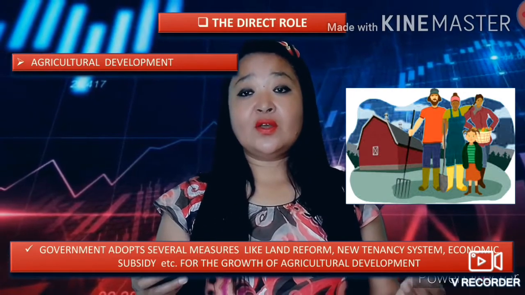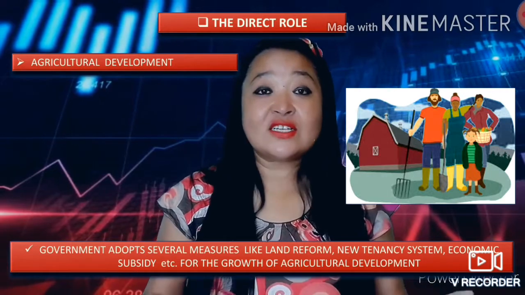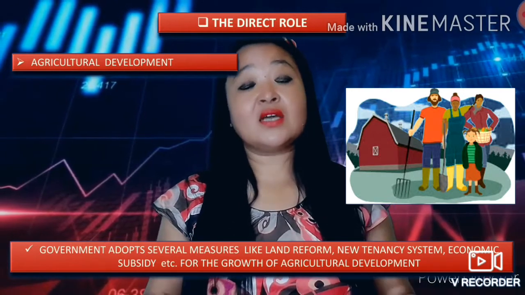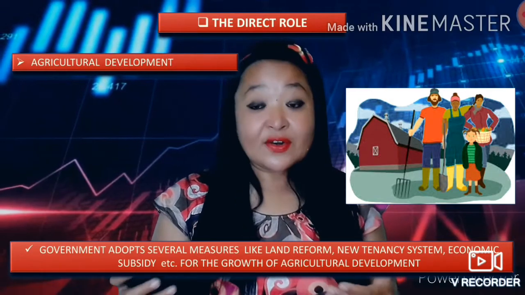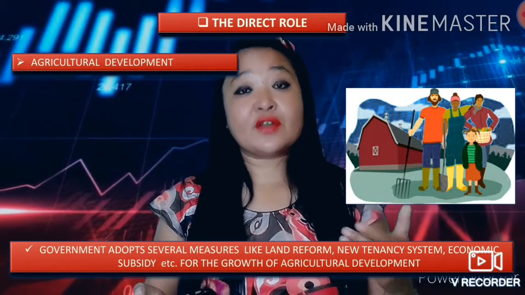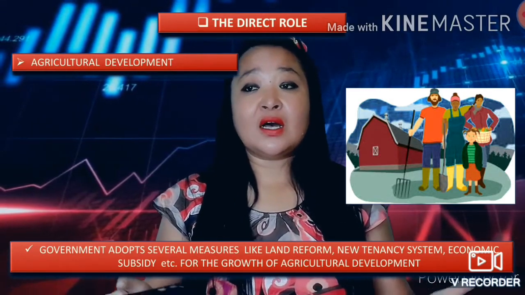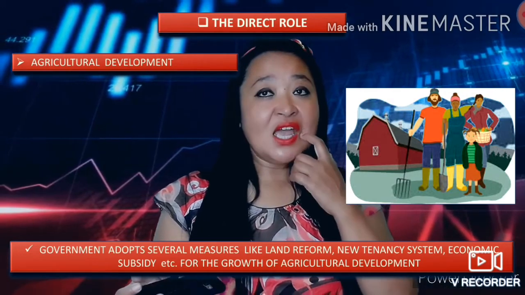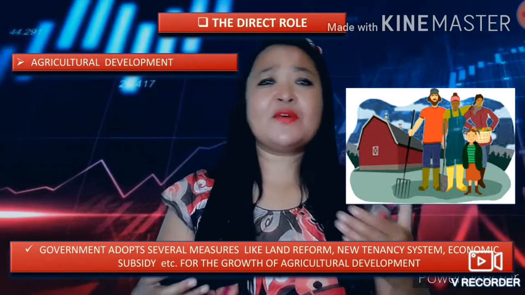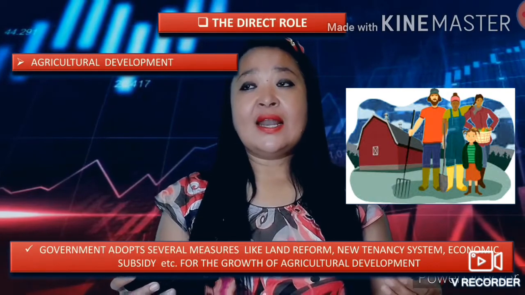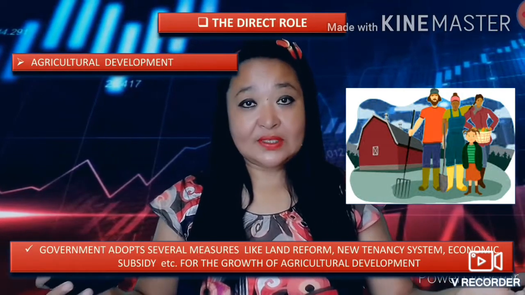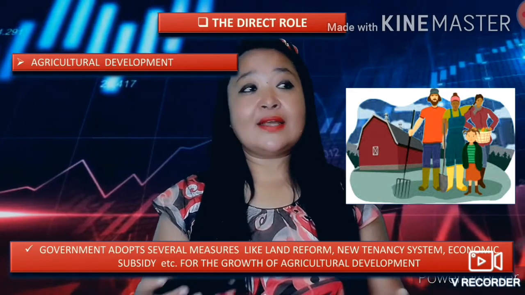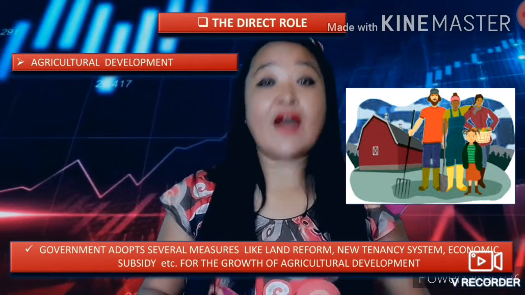So in order to provide aid to such sectors, what does the government do? In order to help in the agricultural development of the country, the government brings up various measures like land reform, the new land tenancy system, or agricultural subsidies for the farmers.